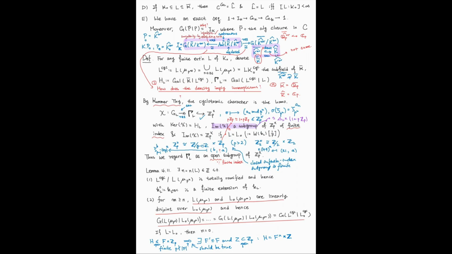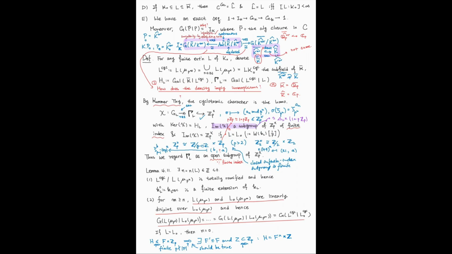We send sigma to a modulo p to the n, where sigma of zeta p to the n, which can be any primitive root, is zeta p to the n to the power a_n. And then this sequence of elements is naturally an invertible element in Z_p.